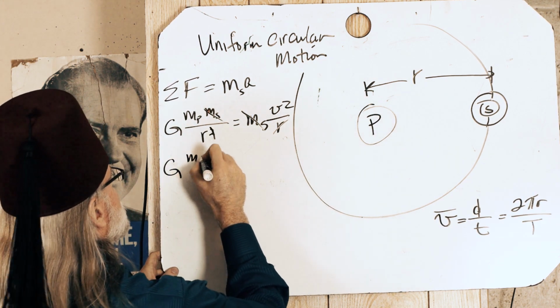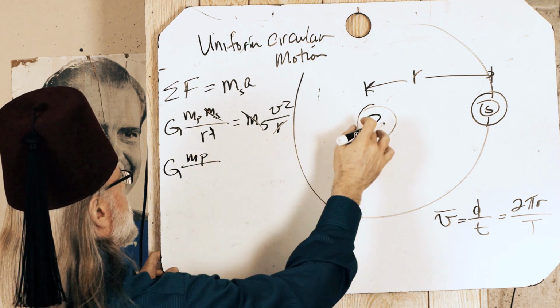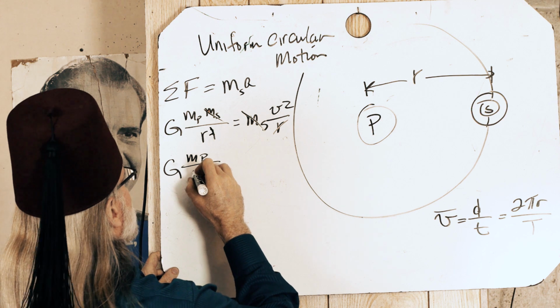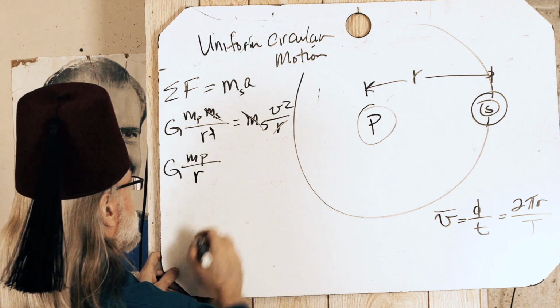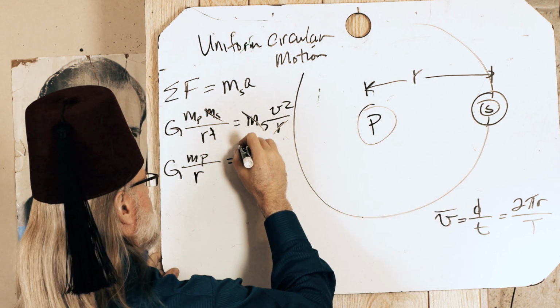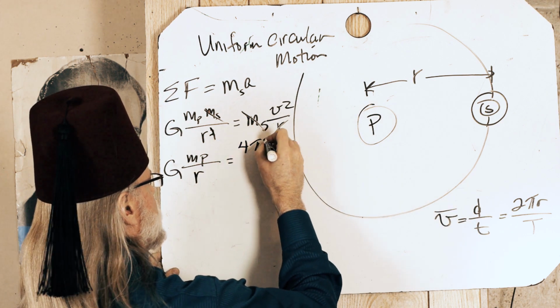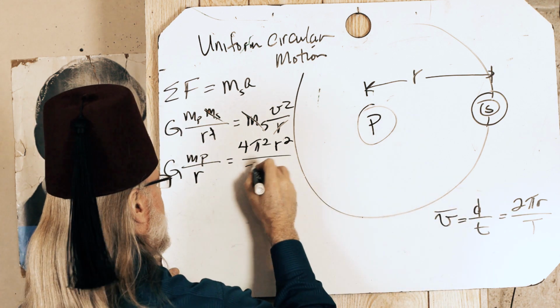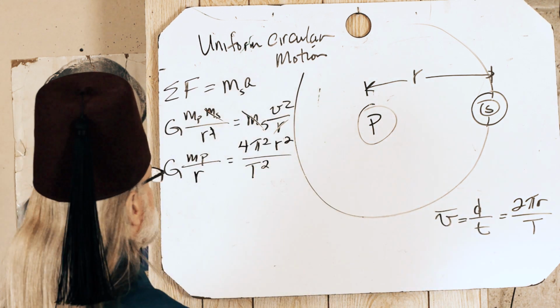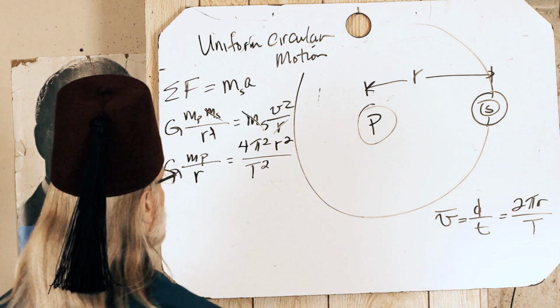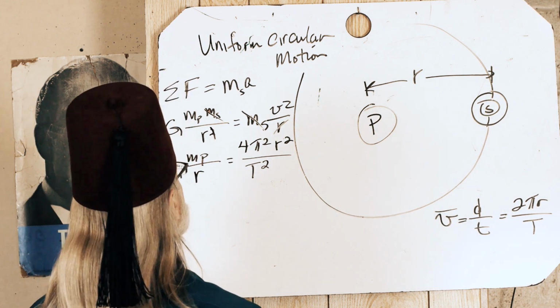Universal gravitation constant times the mass of the center object, in this case a planet, or it could be a star or something like that. The distance between them, and V squared, which is going to be 4 pi squared R squared divided by T squared.